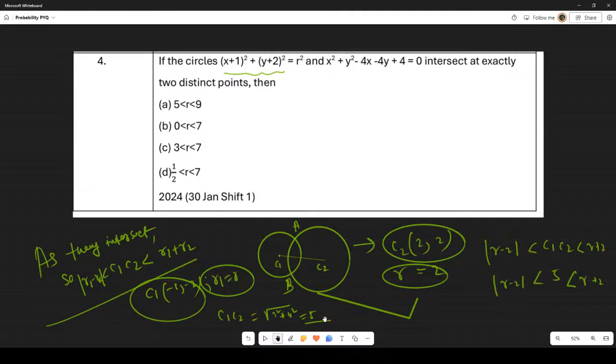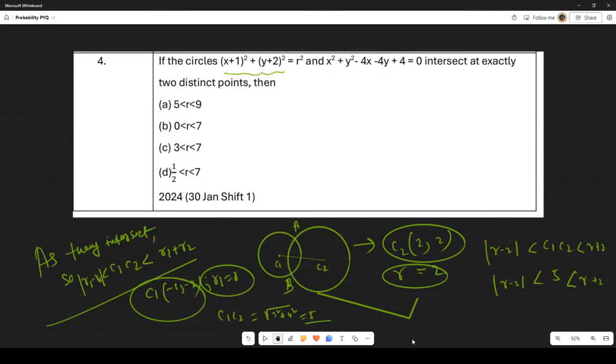Remember this. Just try to think. What to do?